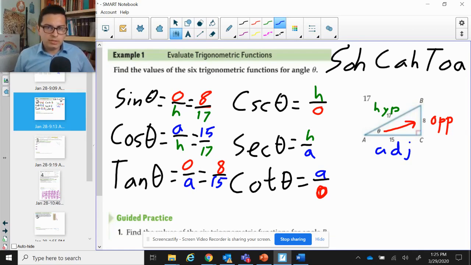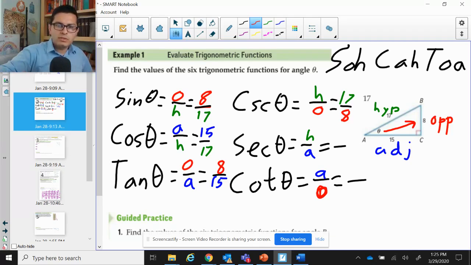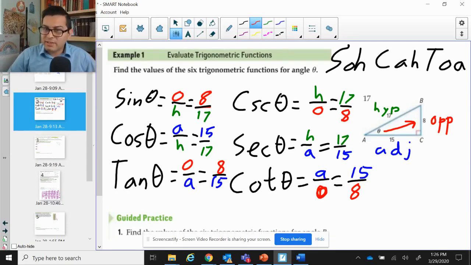Now to go to the cosecant, secant, and cotangent, it's just everything flipped over, and let's just fill all of those things in. Okay, here we have 17 over 8 for our cosecant. We have 17 over 15 for our secant. And last but not least, we have 15 over 8 for our cotangent.